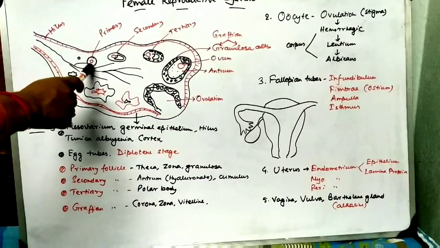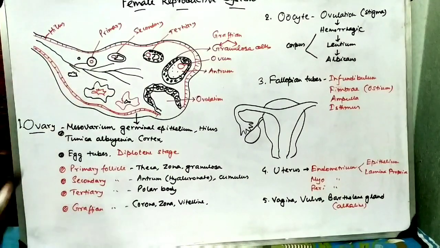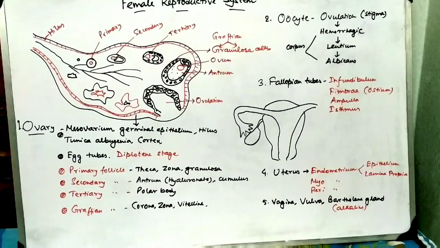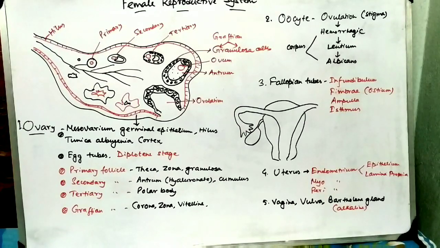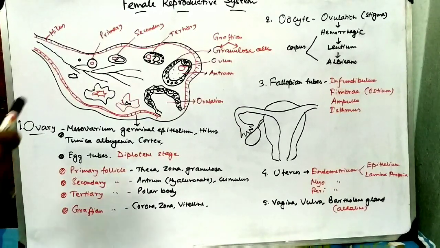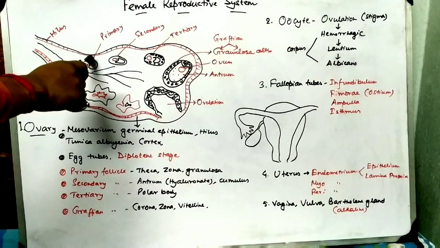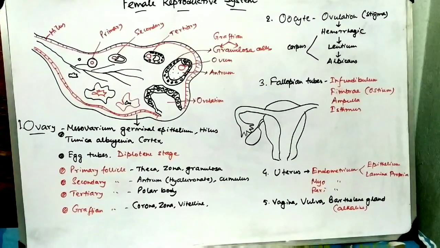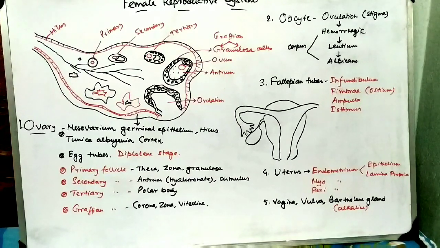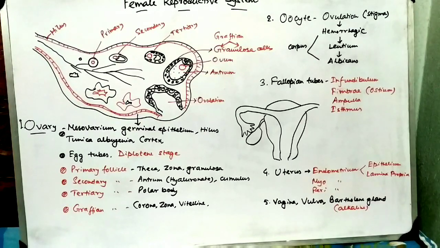But by the time a female body reaches puberty, about 50% of the primordial follicles degenerate, and the rest of the follicles also gradually degenerate, and only a maximum of 450 ovarian follicles can mature.